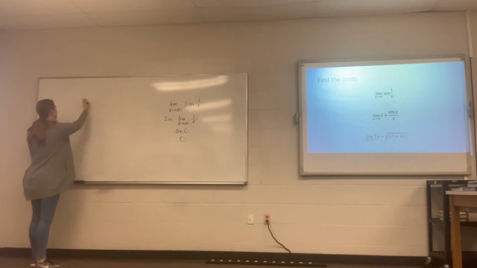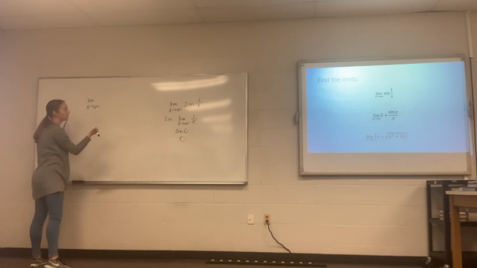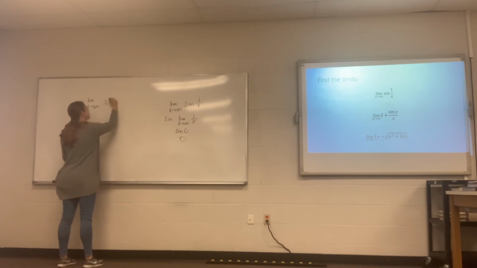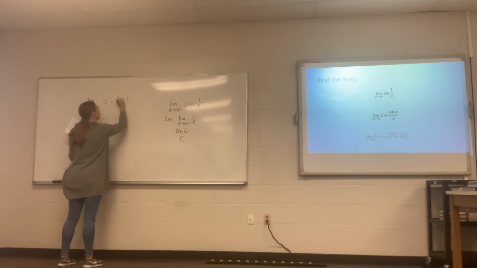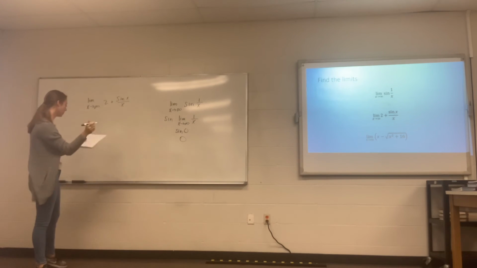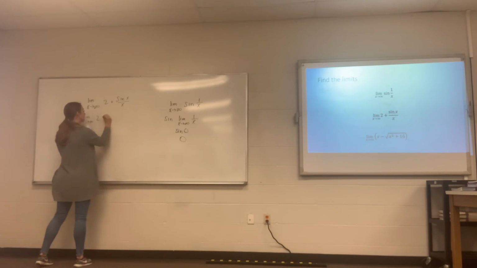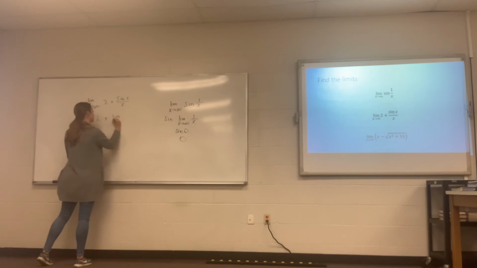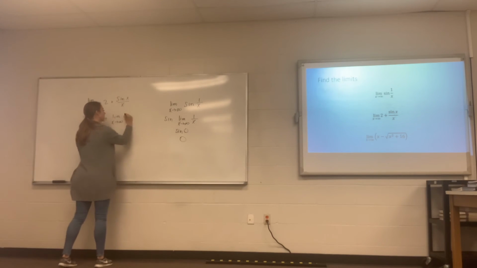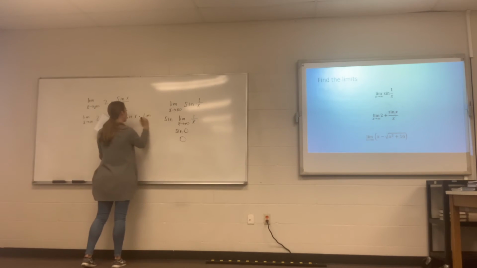So this one, I have my limit as x approaches infinity of 2 plus sine of x over x. All right, let's go ahead, let's break some things up. So I have the limit as x approaches infinity of 2 plus the limit as x approaches infinity of sine of x times my limit as x approaches infinity of 1 over x.